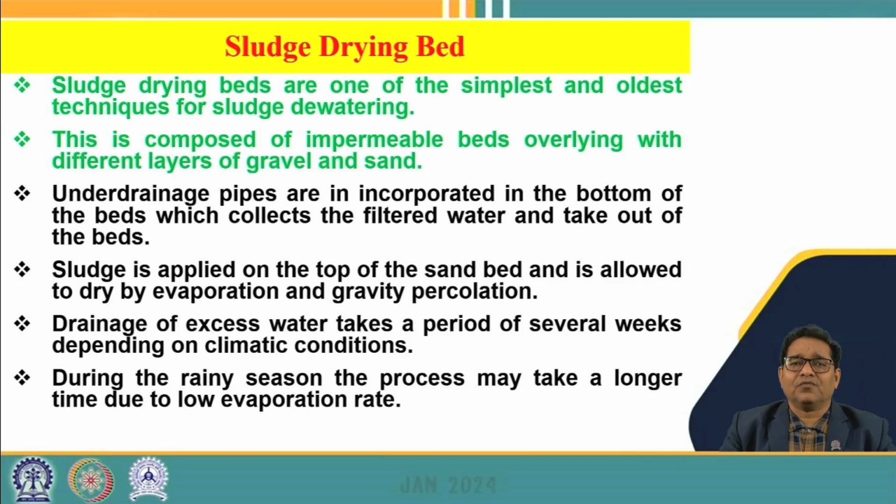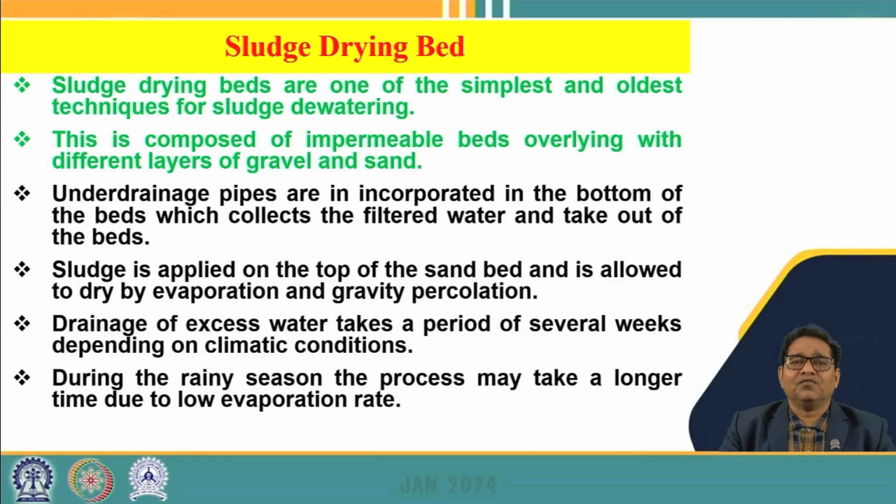Perforated pipes collect the entire filtered water from the sludge and take it out of the sludge drying bed, and it is recycled back to the primary settling tank for its complete treatment process.